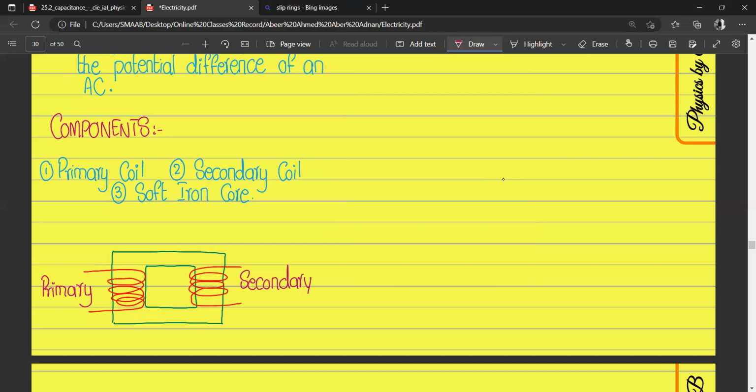And you know that when an electric current flows through a conductor, there will be a magnetic field around the wire, right? This is the first concept we discussed in our chapter, the magnetic field around a current carrying conductor. So when current starts flowing through the loops of the wire, there will be a magnetic field around the wire, right?